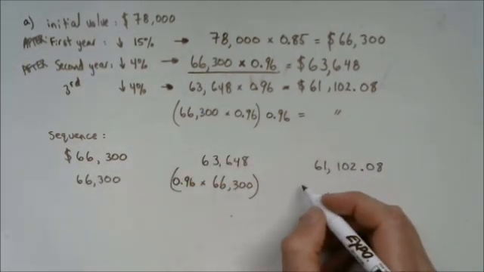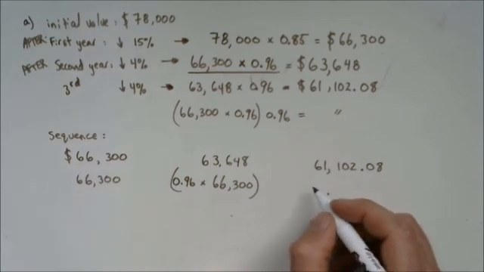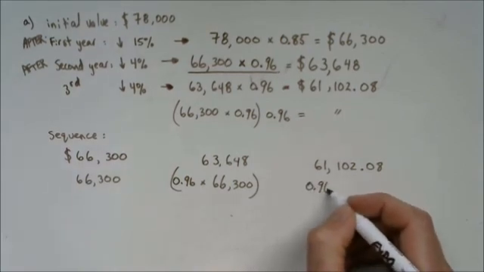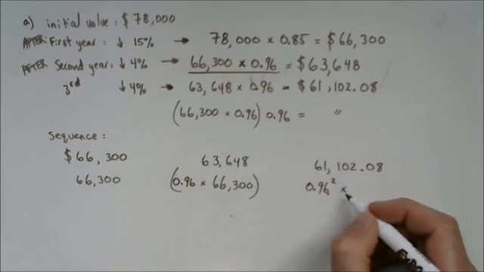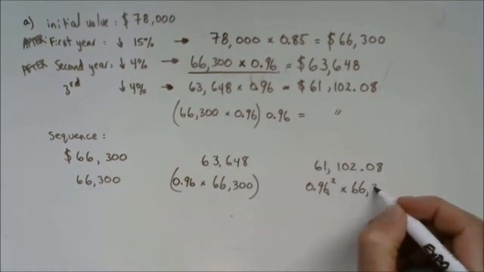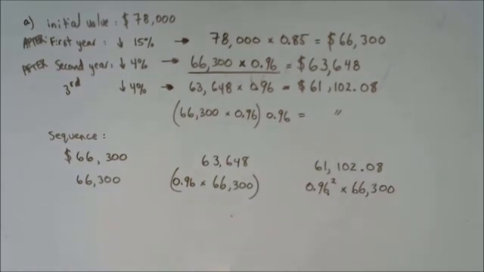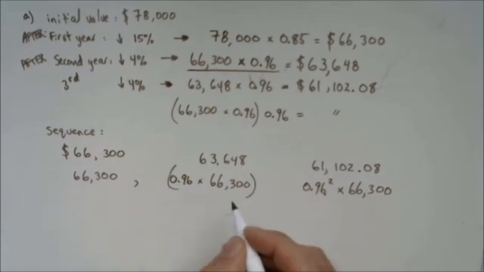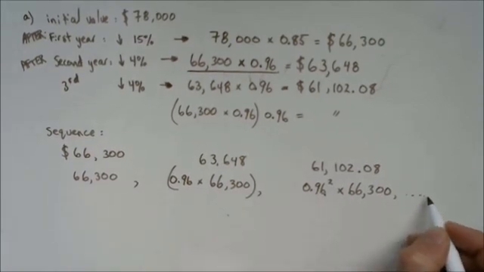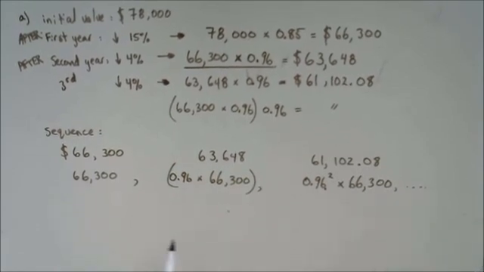And here we have 0.96 to the power of 2 times that original value of 66,300. And now you see we're well on our way to developing an explicit formula for any term in the sequence as the vehicle continues to depreciate.